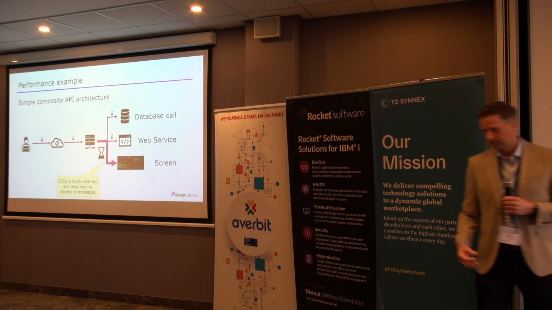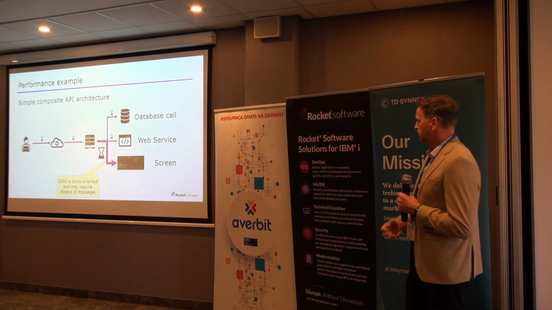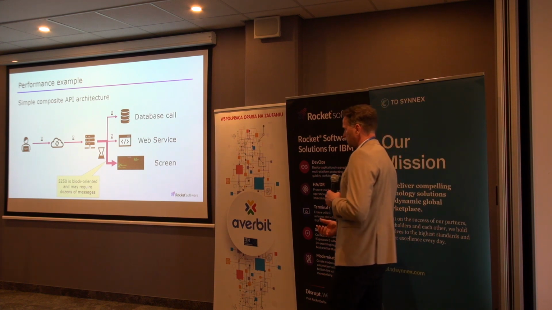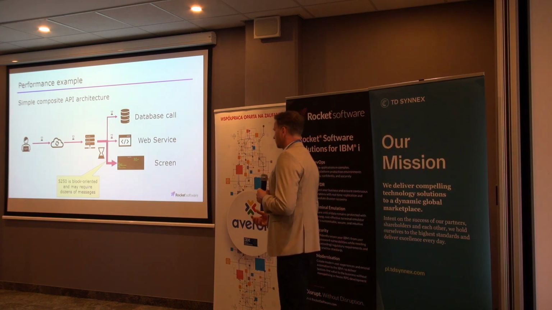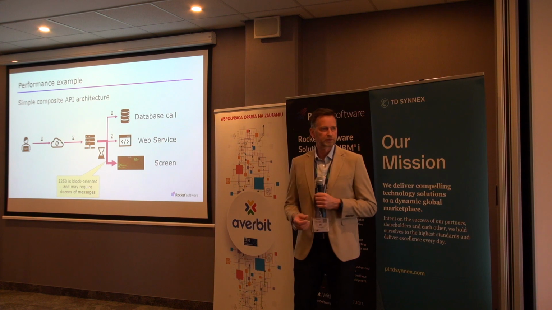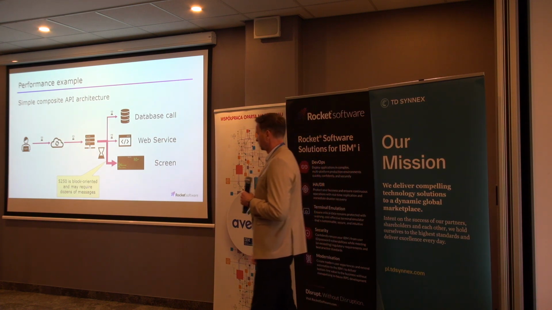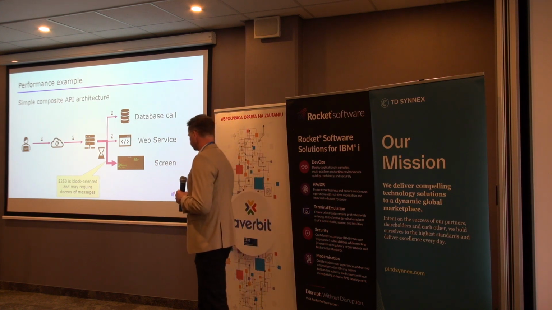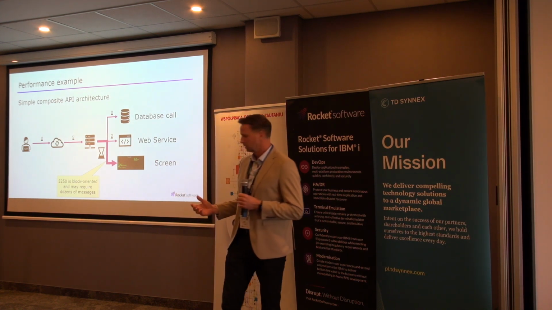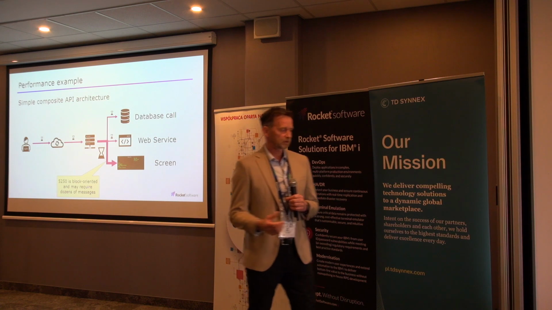And that's when you have your composite APIs. Direct database calls or web services are much quicker than creating an API around an existing green screen application, which we have a tool for. So you basically define your input and output parameters on your green screen.